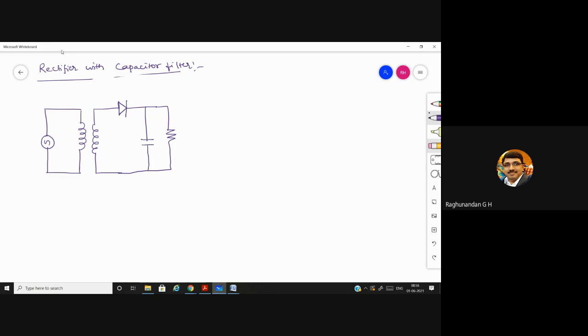As I told, the capacitor will be connected parallel to the load resistance. According to the basic principle of electronics, what will be the voltage across the parallel branches? Same voltage. Parallel branches will have the same voltage. That concept is being used here to filter out the signal.